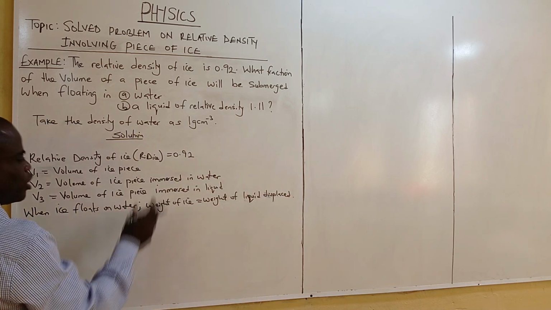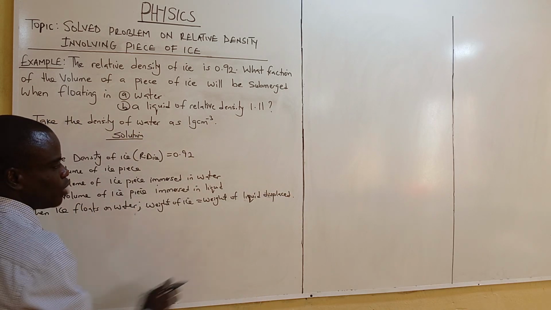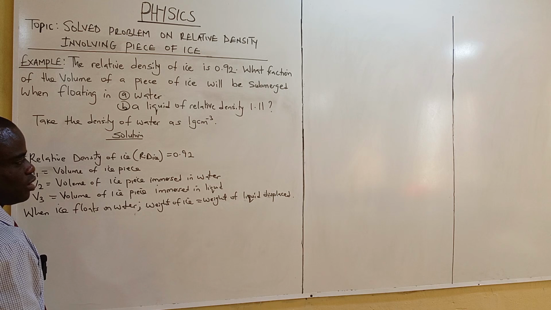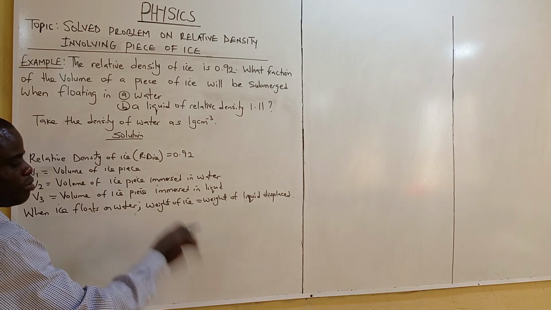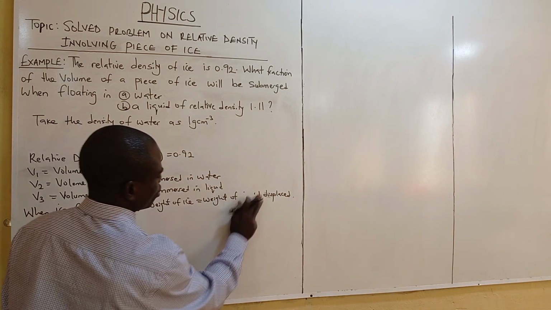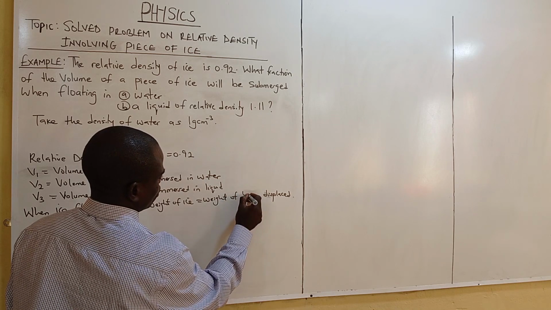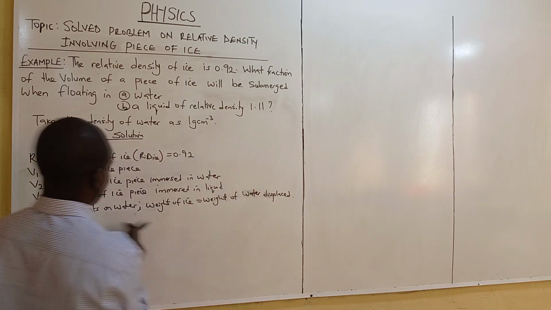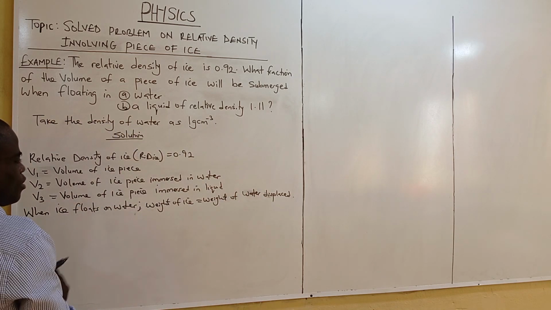Okay, the weight of ice is equal to weight of liquid displaced when it's being immersed in water. We're referring to water. This one is water. Okay, you can see water.